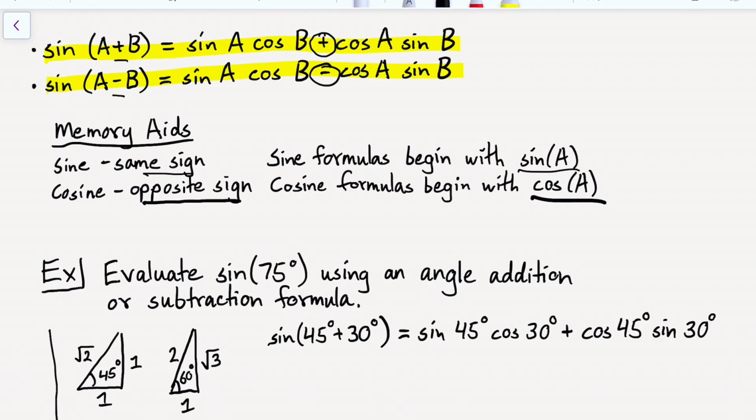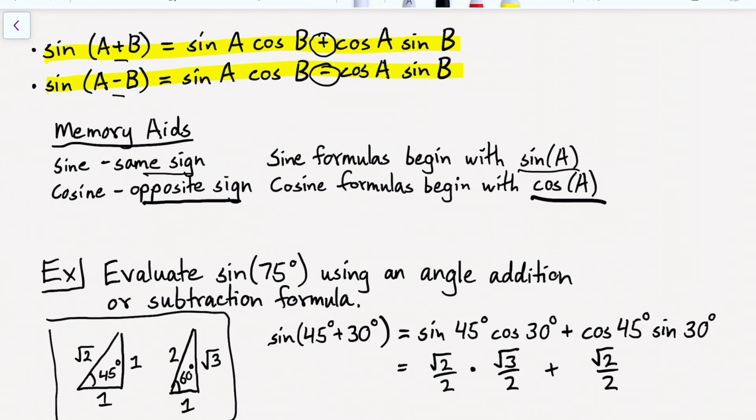Over here on the left, I have our special right triangles for reference, and we can see that sine of 45 is sometimes called 1 over root 2. I'm going to rationalize it and call it root 2 over 2. Cosine of 30 degrees is root 3 over 2. Cosine of 45 is also root 2 over 2.